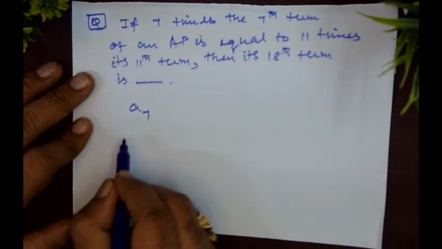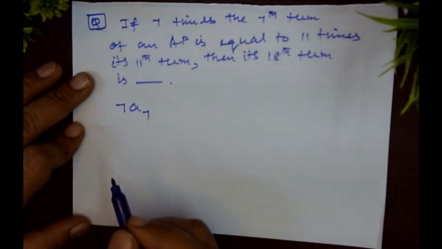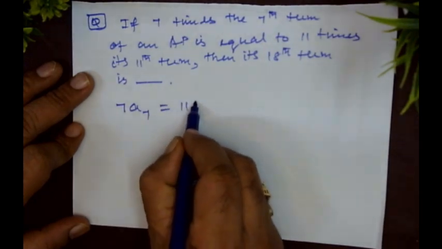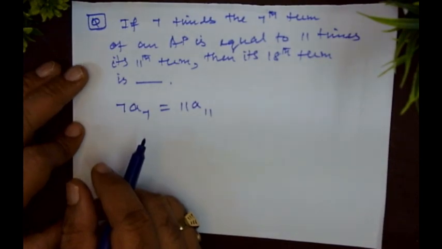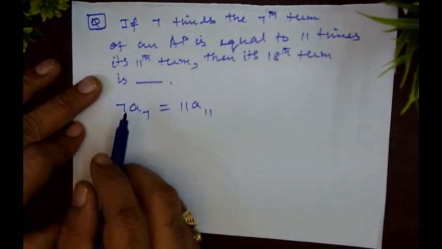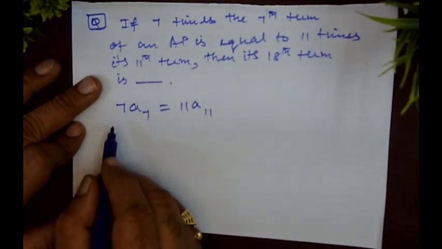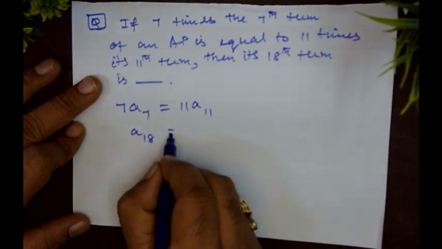A7. 7 times means 7 into A7 is equal to 11 times of A11. So we have to establish the equation first. Then it's 18th term. So what is asked here? What could be the 18th term? That is A18 is equal to what?